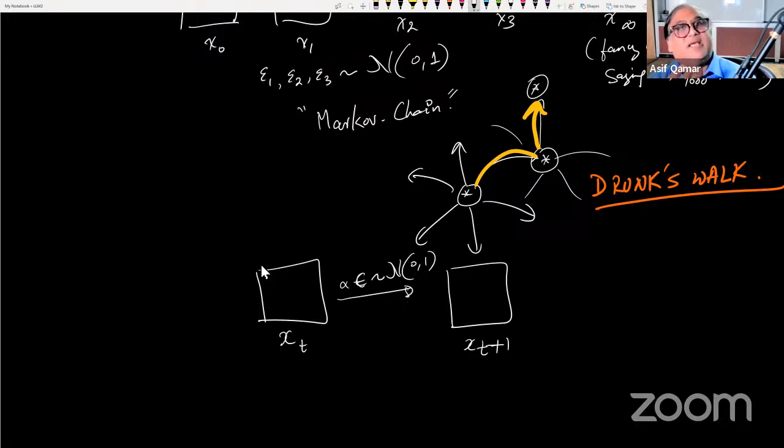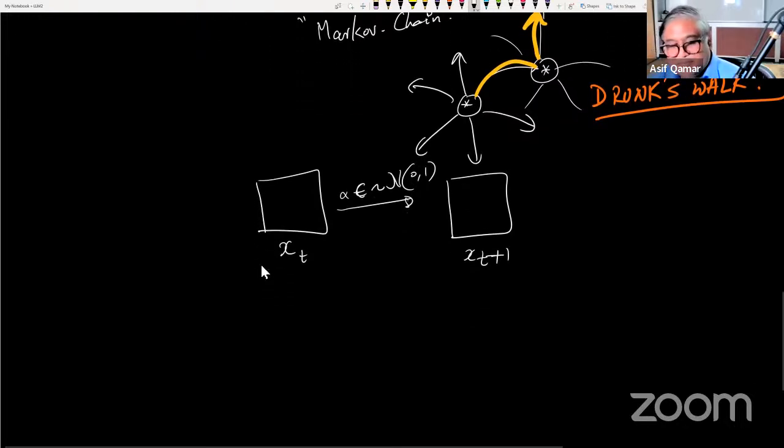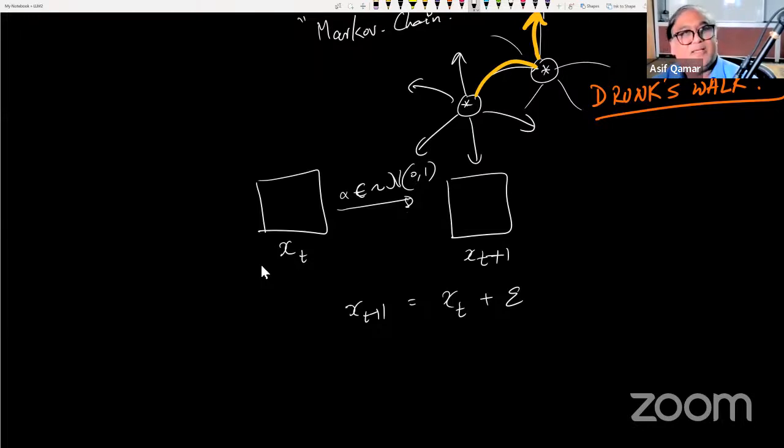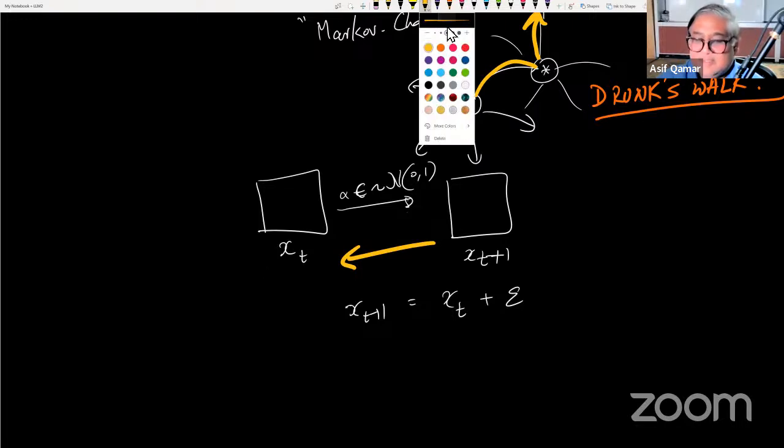It is trying to say what is the most likely state from which it came. And therefore, what it is trying to do is saying, what is that state? Because we know that xt plus 1 is equal to xt plus epsilon, the noise, right? What it is predicting is train a machine in the reverse direction, so the reverse becomes a reverse Markov chain, isn't it? A reverse Markov chain.